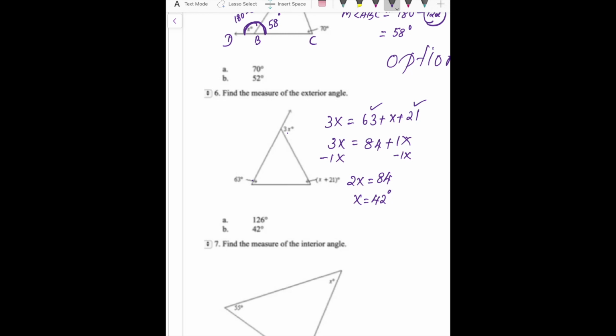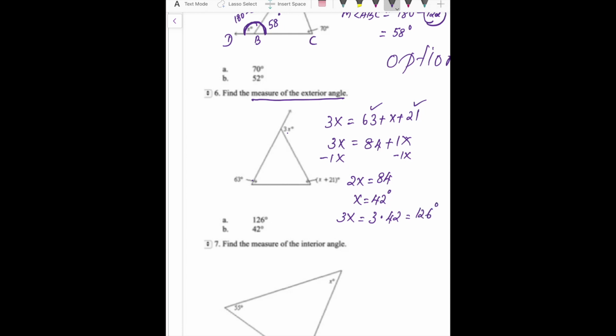Some of my students did all the work and they just entered x equal to 42, but that's not what they are asking you for. They asked you to find the measure of the exterior angle. So the exterior angle is 3x. So 3 times 42.